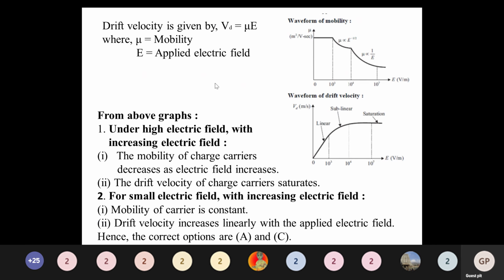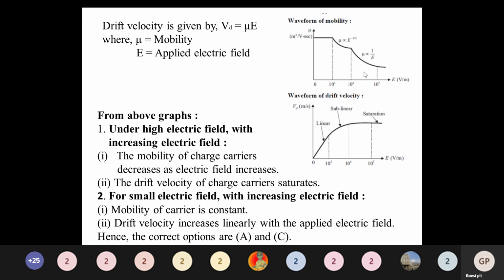So here there are two possibilities. One is electric field with mobility, another is electric field with drift velocity. First, electric field with mobility. If you are applying a high electric field, when the electric field is very high, what happens to the mobility?